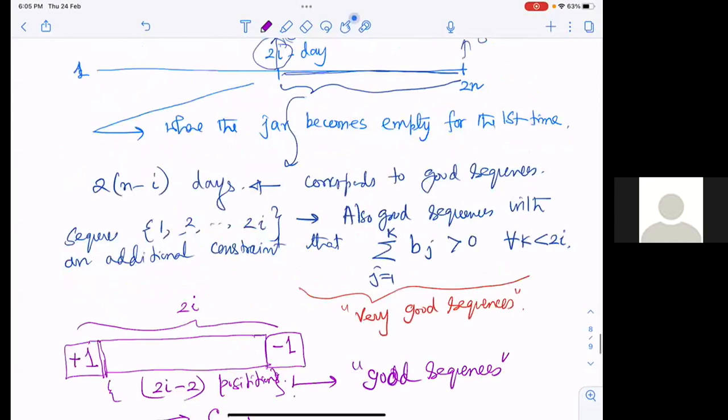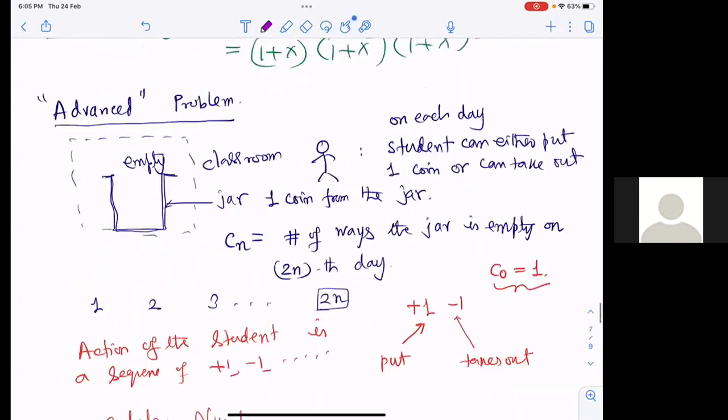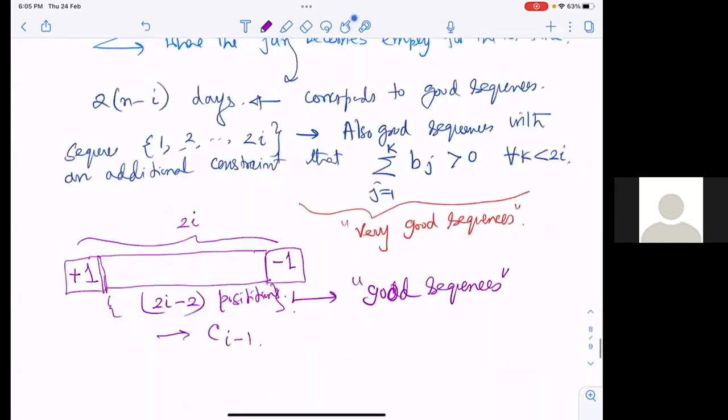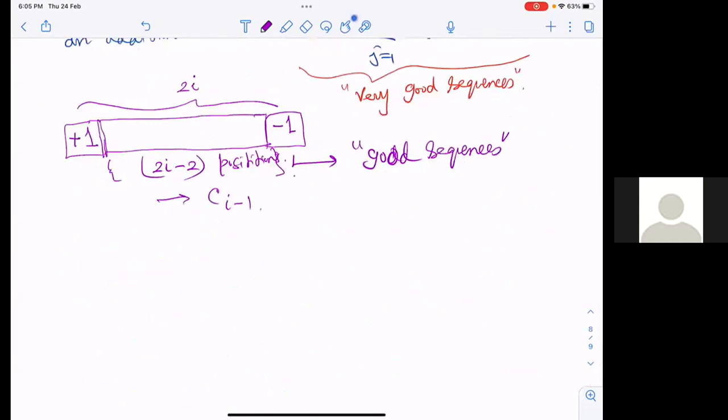But that's not the definition of the good sequence. Good sequence is defined as the action of +1 -1 where no prefix is negative. Oh, okay, sir. Okay. That's not a problem.